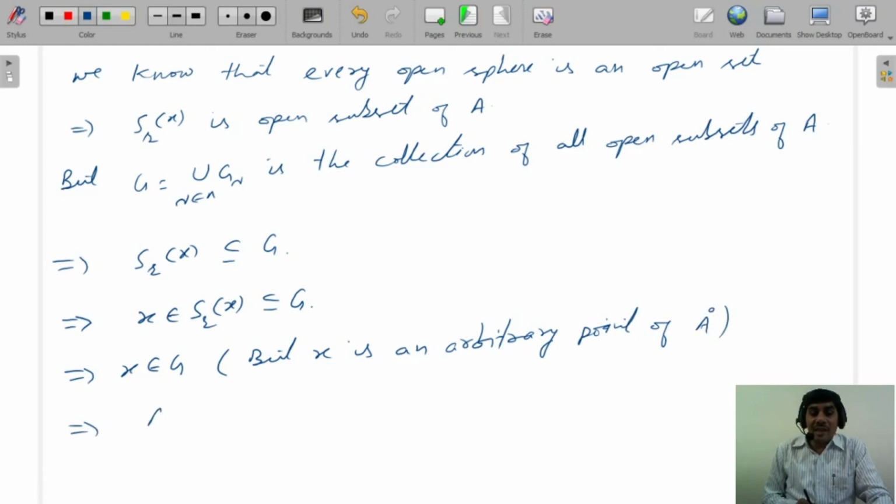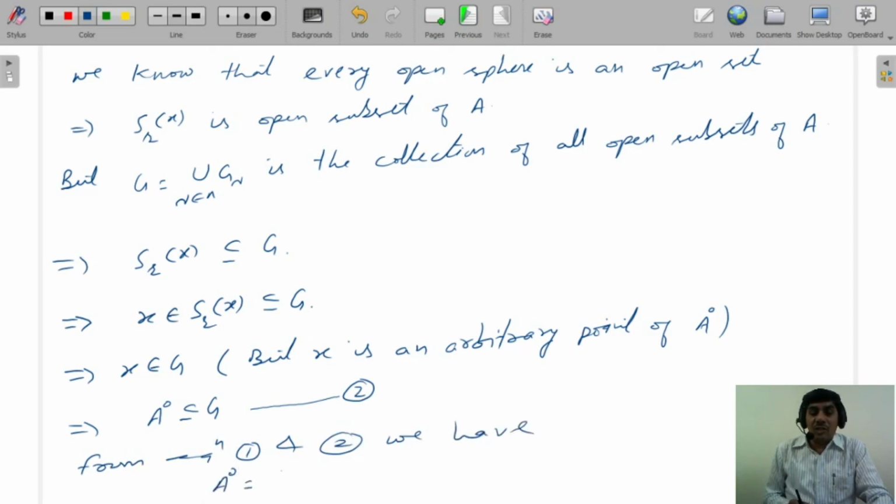This implies A interior is contained in G. Equation number 2. From equation 1 and 2, we have A interior is equal to G, which is equal to the union of G_lambda. That is, A interior is the union of all open subsets of A.